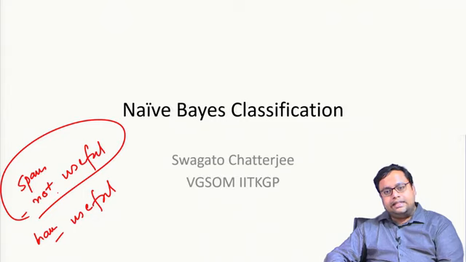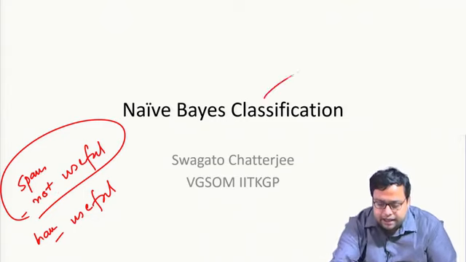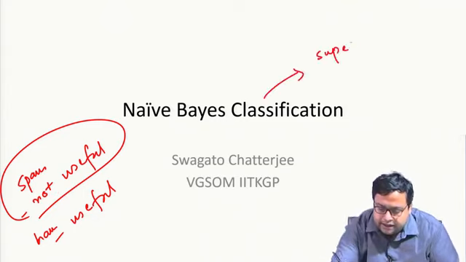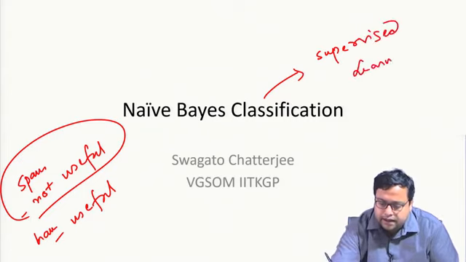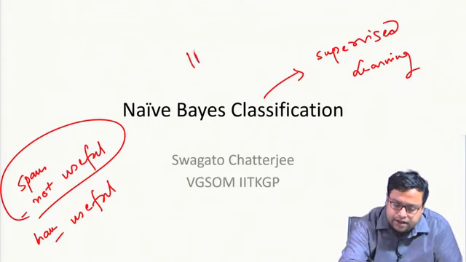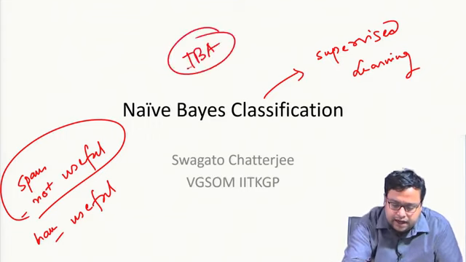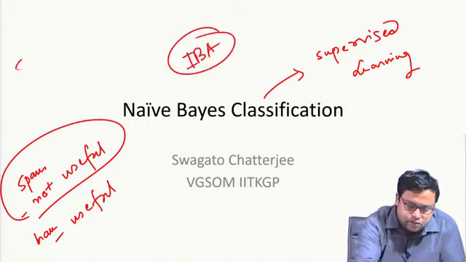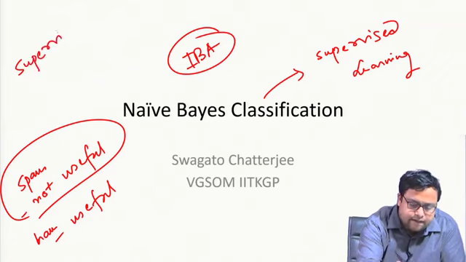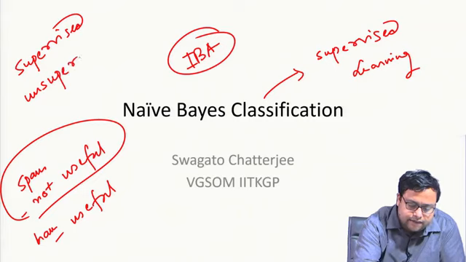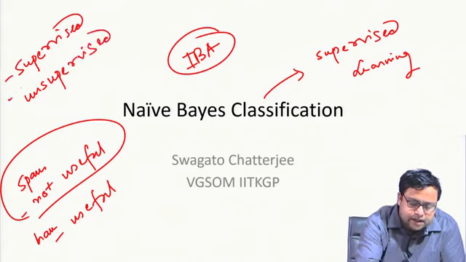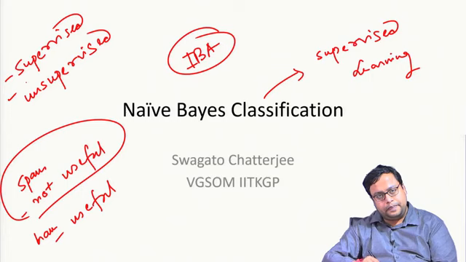Any classification is basically supervised learning. I hope that people in this class have done introduction to business analytics, and that what is supervised and what is unsupervised learning has been discussed. If not, search Google.